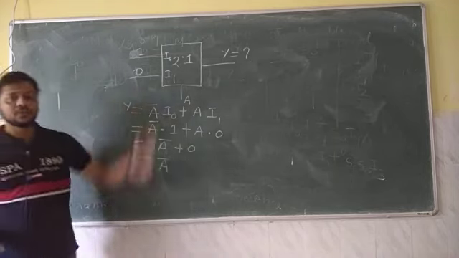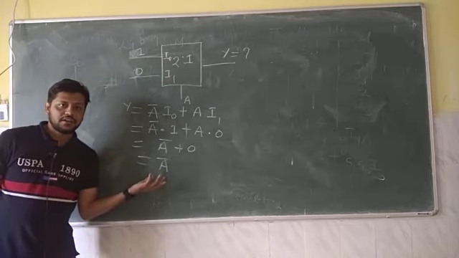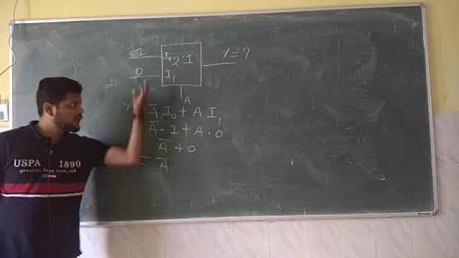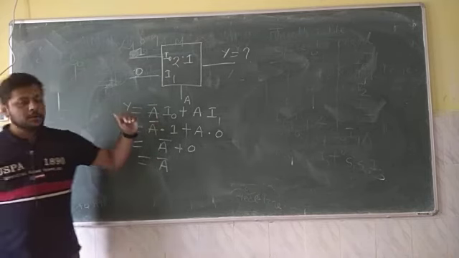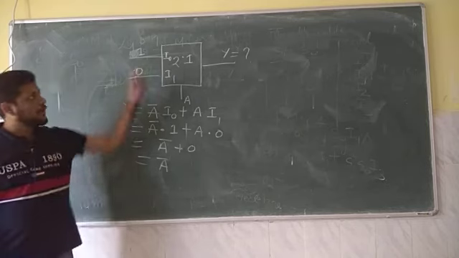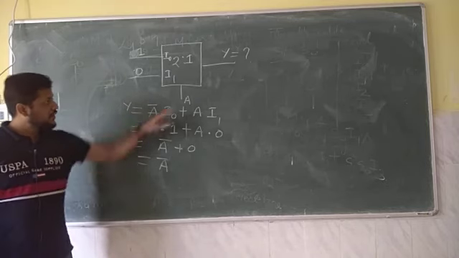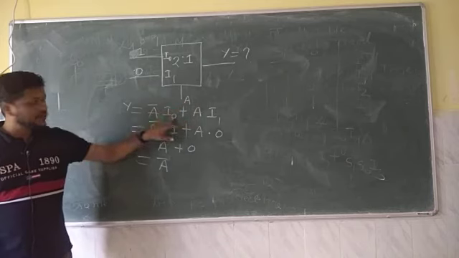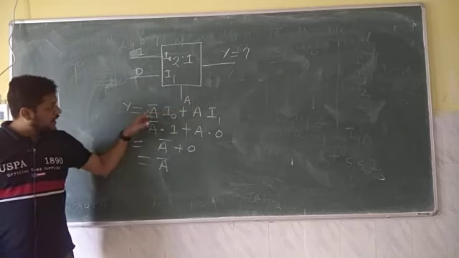So what will this multiplexer circuit design? It will design an inverter circuit, that is a NOT gate circuit. This multiplexer now acts like a NOT gate circuit. So in your MCQ type question, they will give you like this. You have to first write the equation: when A is equal to 0, I0 is selected, that means A bar I0.